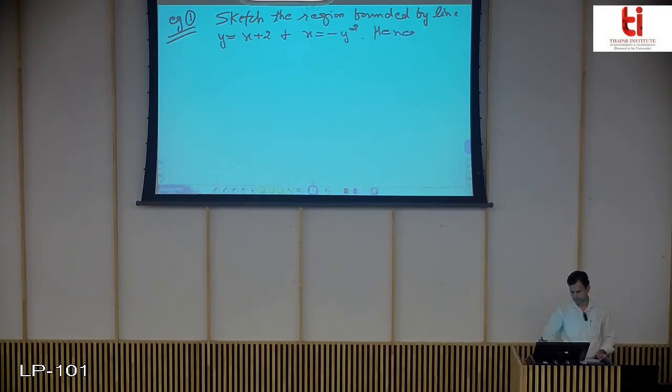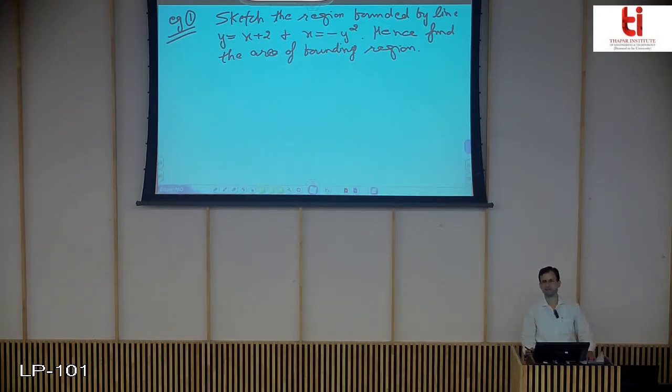Hence find the area of the bounding region. So here comes the question related to area. The main thing is again the same, that you have to sketch the region and label the bounding curves.